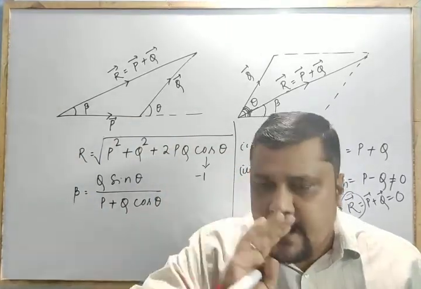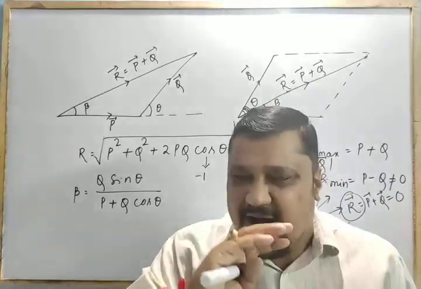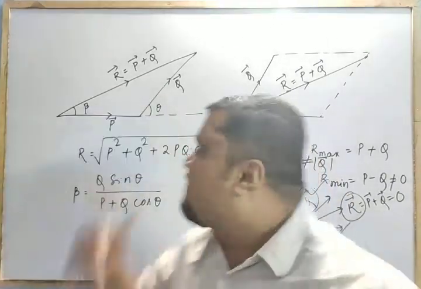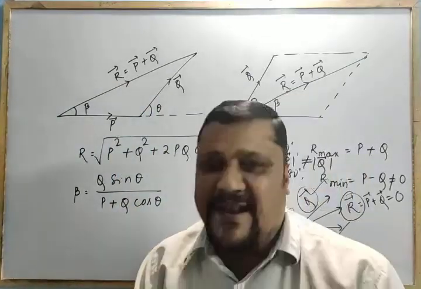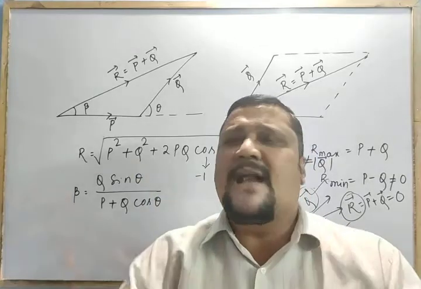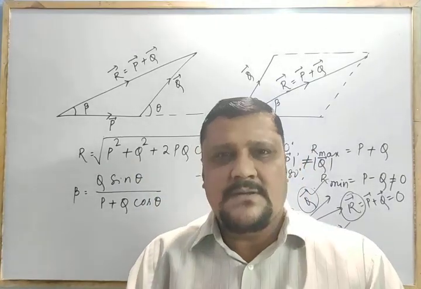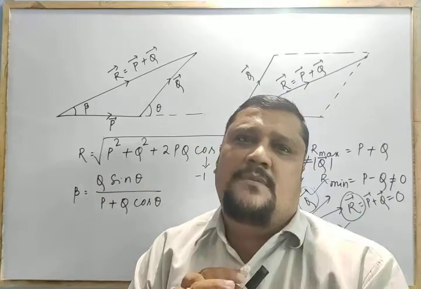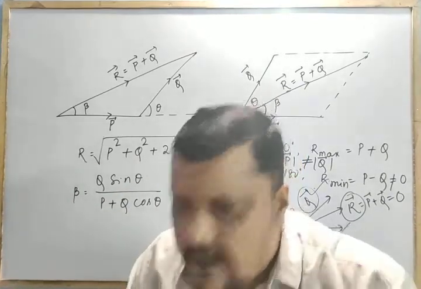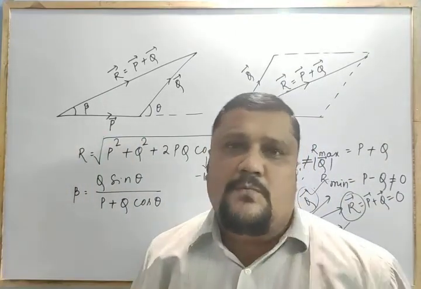Remember one thing again, this polygon law is somewhat an extended form of the triangle law. I will use the triangle law and I will get the polygon law. So sometimes you can say that the polygon law is because of the triangle law, or the growing of the triangle law gives me the polygon.